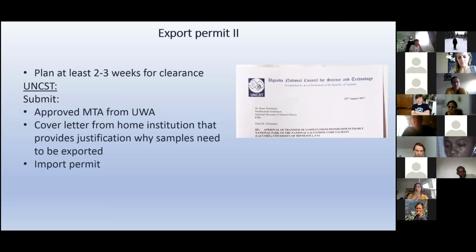And as we've just heard, in most countries in Africa, you can say that the infrastructures are not available for genetic analysis. So this is easily done. So plan 2 to 3 weeks to get your export permit cleared.